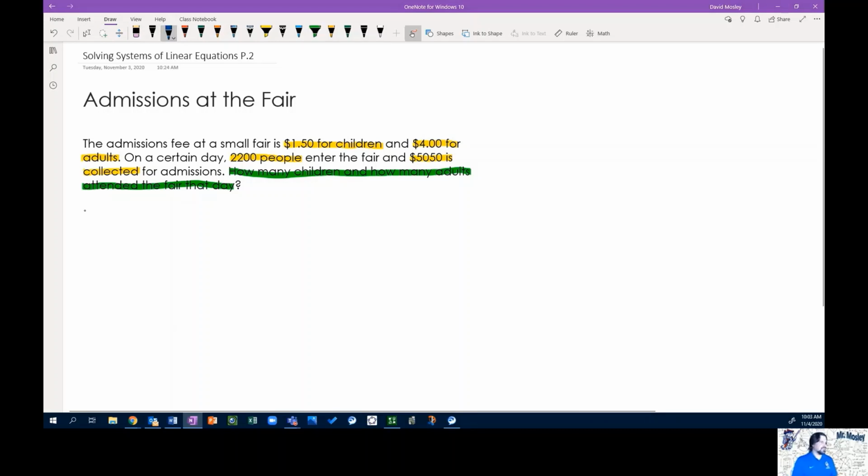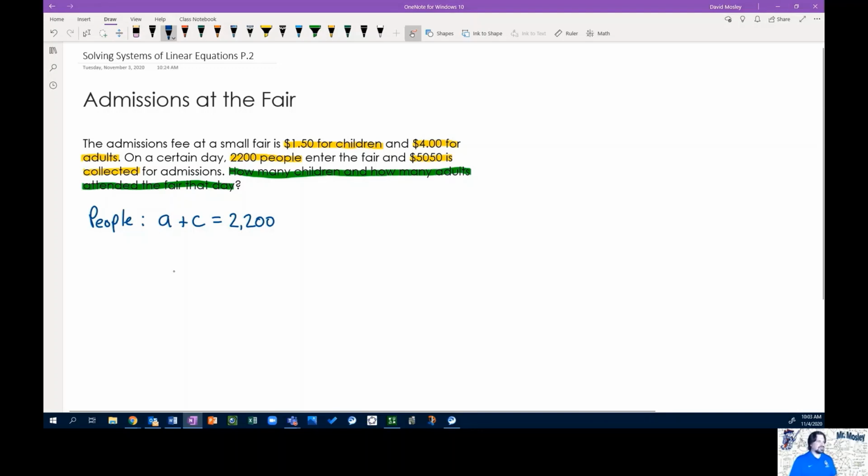The first equation is for attendance at the fair, the people who went. That equation is adults plus children equals 2,200. The number of adults plus the number of children is 2,200. So that's one equation.